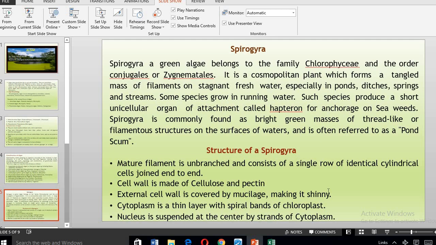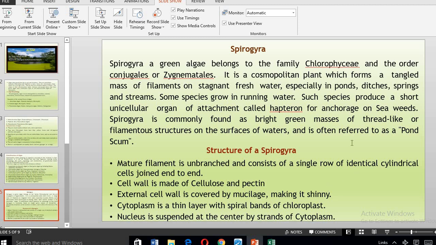Now, Spirogyra. Spirogyra belongs to the family Chlorophyceae and to the order Conjugales or Zygnematales. Conjugales or Zygnematales can be used synonymously.